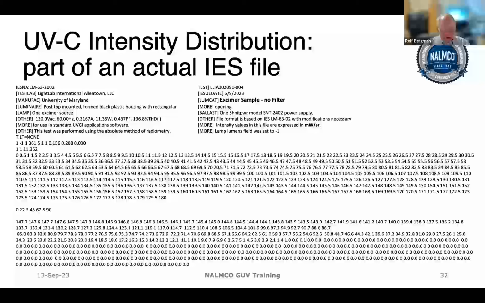The output of the software that comes with that goniometer is an IES file, and I give you a picture of a part of an IES file here. It has headings, as you see here.